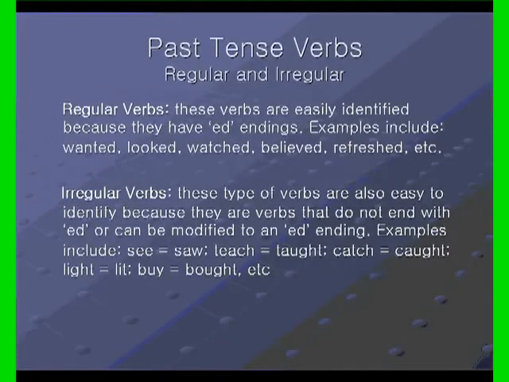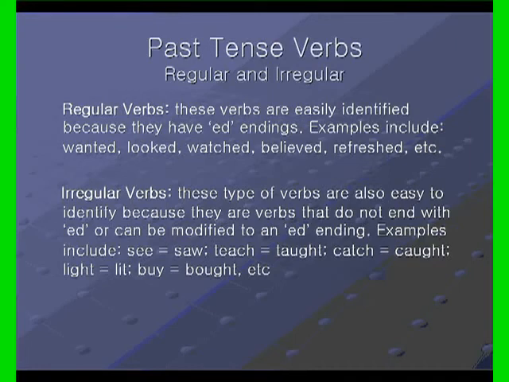Now, going back quickly to past tense verbs, there are basically two types of past tense verbs. They are regular and irregular verbs. Regular verbs are easily identified because they have ed endings. Examples would include wanted, looked, watched, believed, and so on.